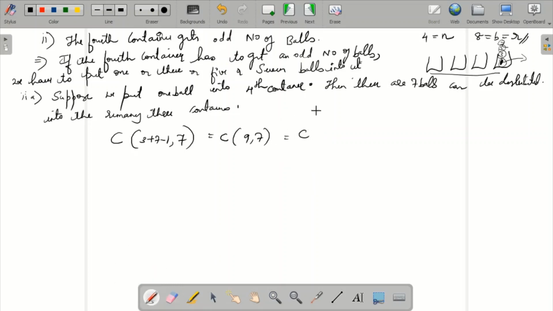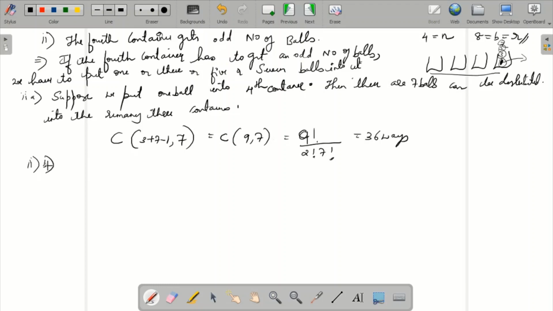Combination of 9 comma 7 is 9 factorial divided by 9 minus 7, which is 2 factorial, into 7 factorial. So this results in 36 ways. If you calculate, you will get 36. So this is when I placed 1 ball.